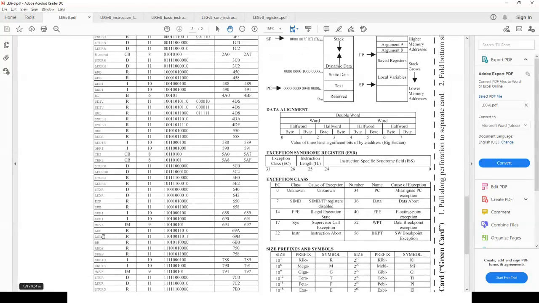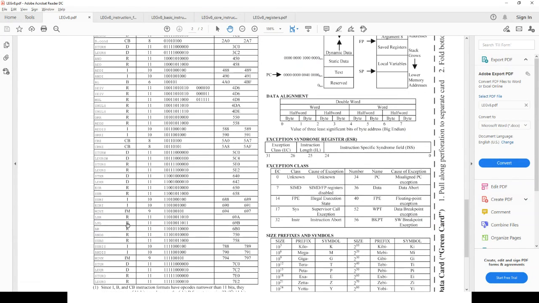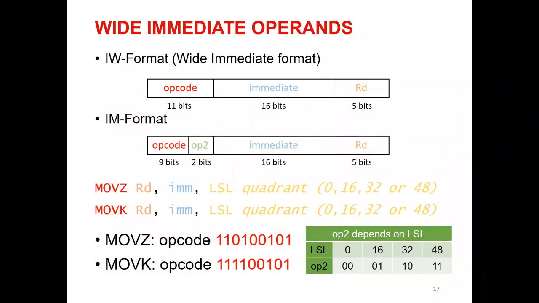So here you see movz has IM format and movk has IM format. So by coming here, you see the operation code only takes 9 bits and we know this format, and with this we know the format not only of this instruction, this also can be used for any other instructions as we have seen. Someone is also asking what IM format stands for. IM is immediate format and IW is wide immediate format. Okay.